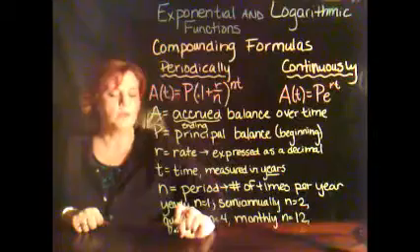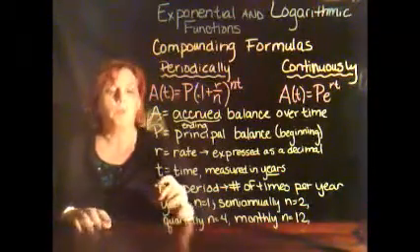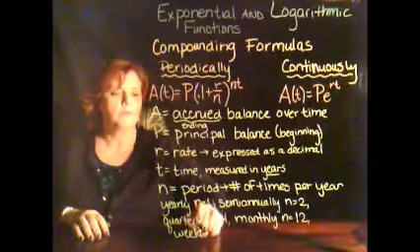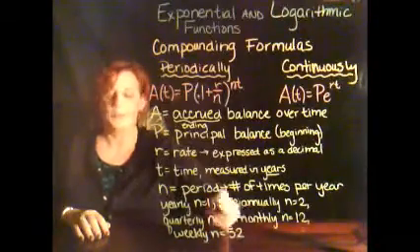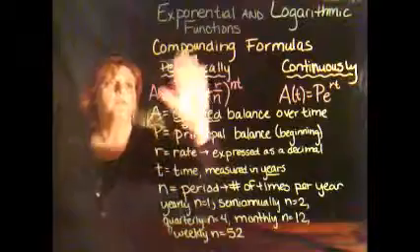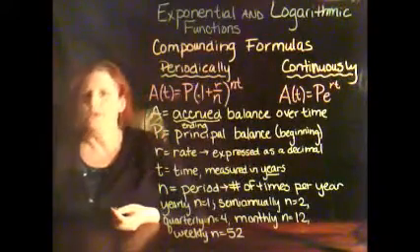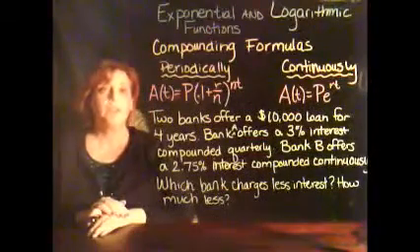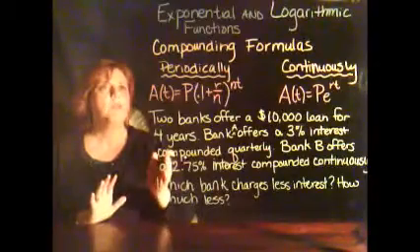And if we are compounding weekly, that's the other one, N is equal to 52. So let's take a look at an example of how we would use these formulas.